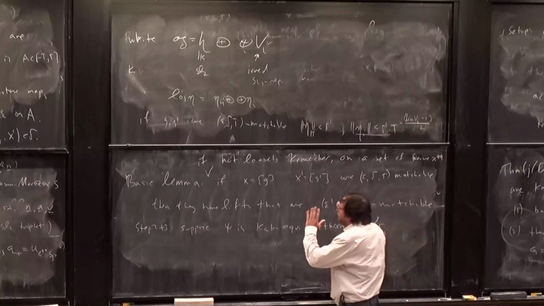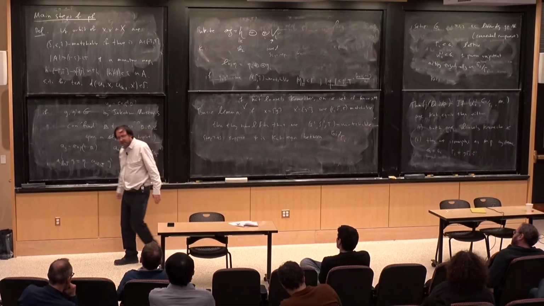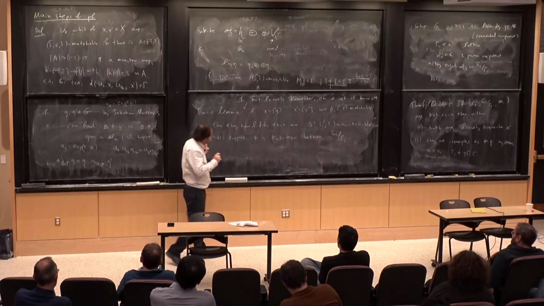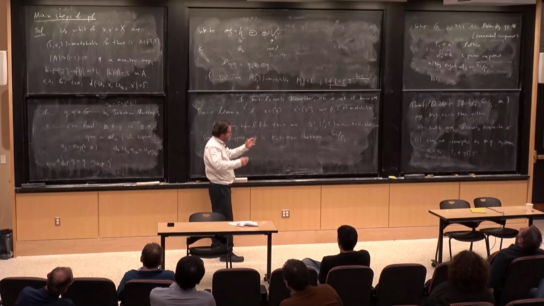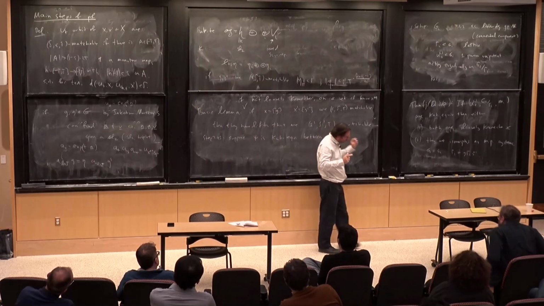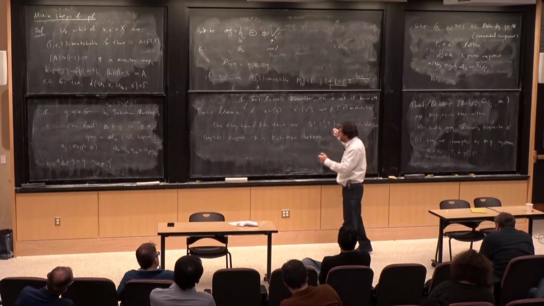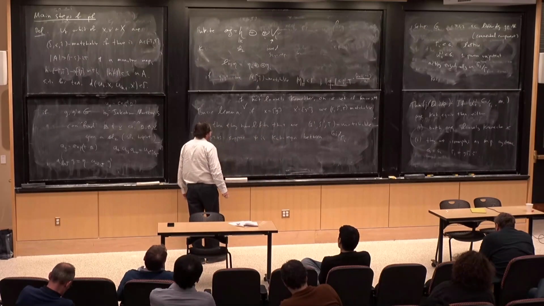It's not true for every point x and x prime, only on a set of measure bigger than 0.99 do you have this relation. So the basic lemma immediately says that on a set of large measure, two points which have some geometric configuration, one with respect to the other, will be mapped to points which have a similar geometric configuration on the other side.